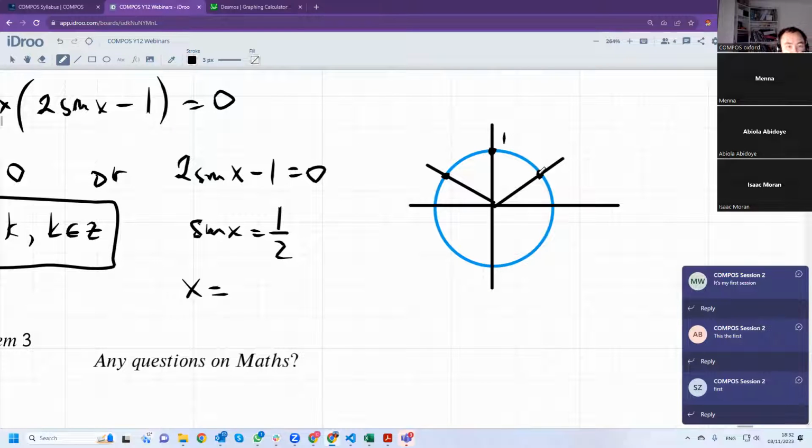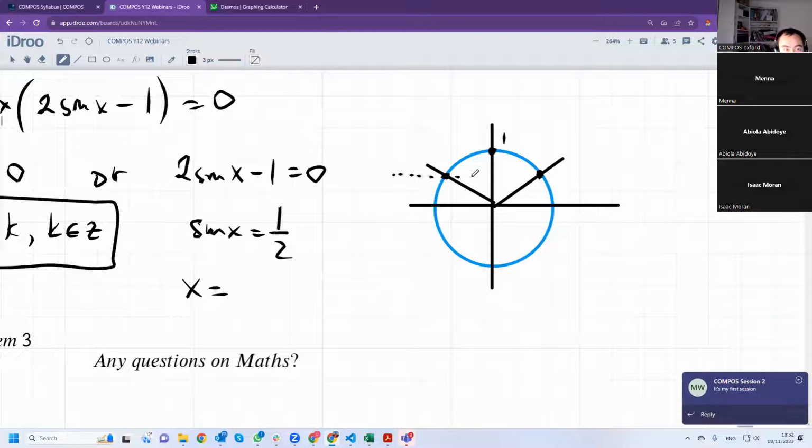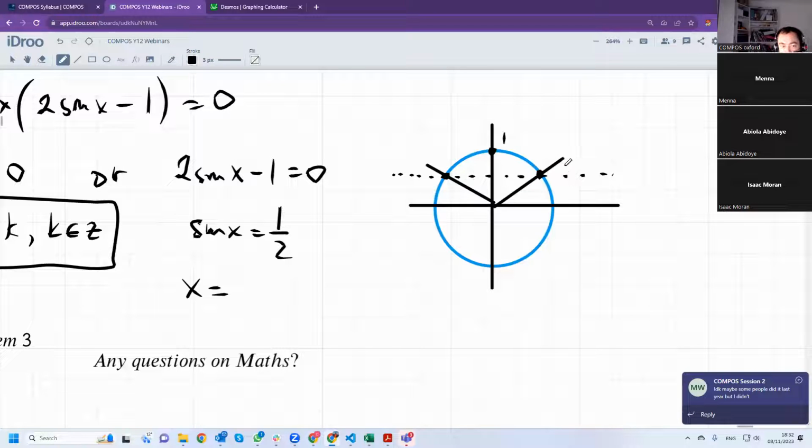So you have two different points where it's 1/2. Because if you draw the line, that's the point where the y coordinate is 1/2, right? Because sine is the y-coordinate, and the y-coordinate is 1/2 at 2 different points. And these 2 different points are pi over 6 and 5 pi over 6.